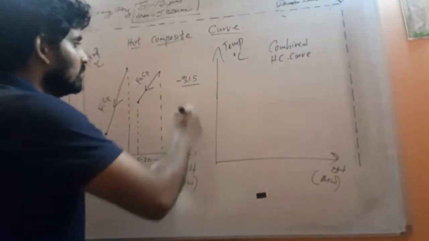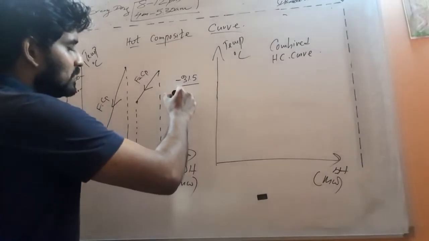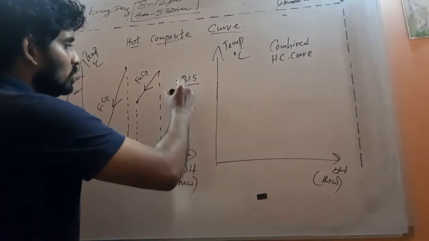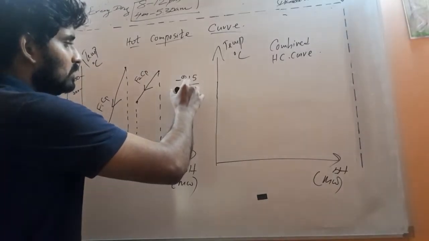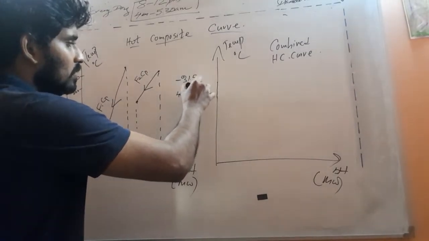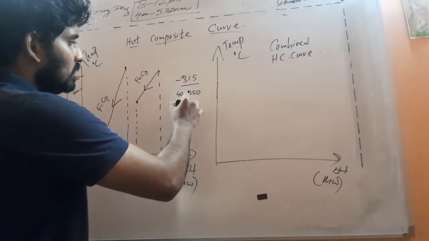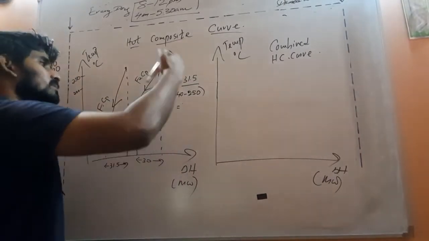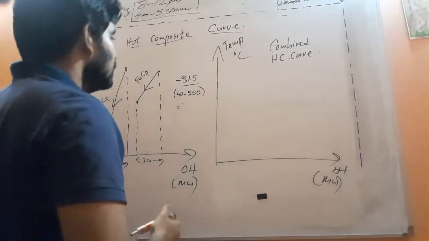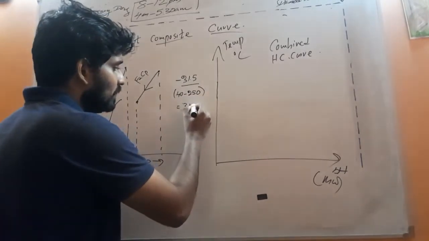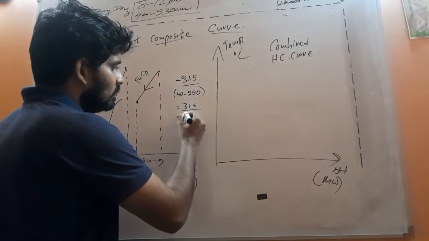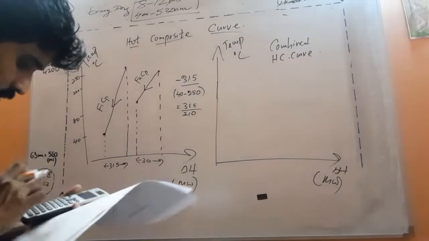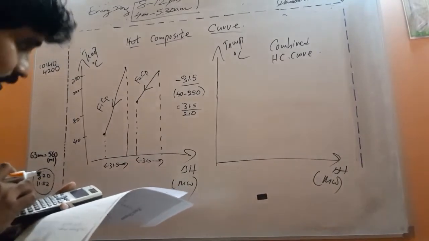What is the temperature difference? It is the target minus supply, so it is 40 minus 250. So finally here also we are getting minus, and the top part also has minus. So it is 31.5 divided by 210.